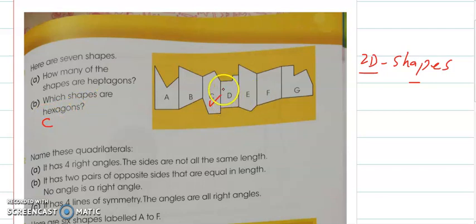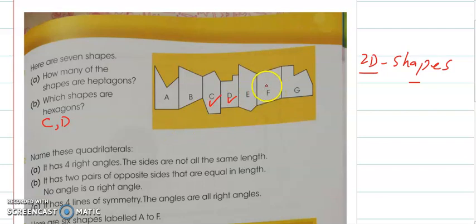Looking at D, D has 1, 2, 3, 4, 5 and 6 sides. So yes, I would say D is also a hexagon because it has 6 sides. Looking at E, E has 1, 2, 3, 4 and 5 sides. So E is not a hexagon.